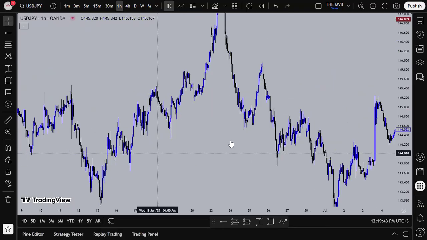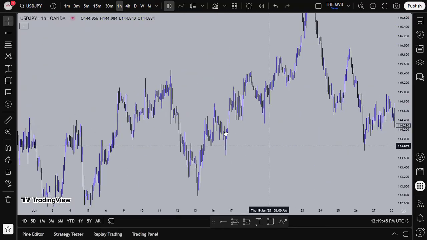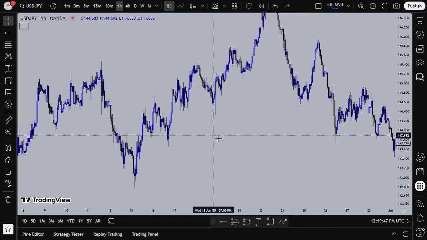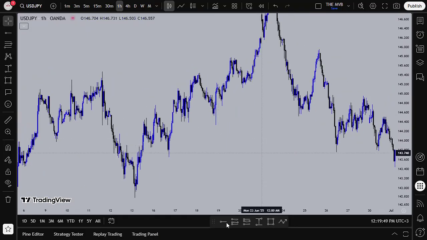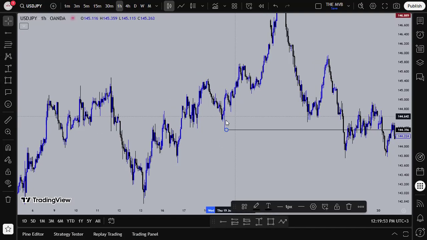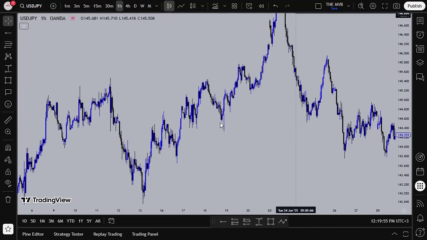So you can see here clearly, I had this movement here from here to that point, and simply because it was a zone flip entry, this was my zone flip here.